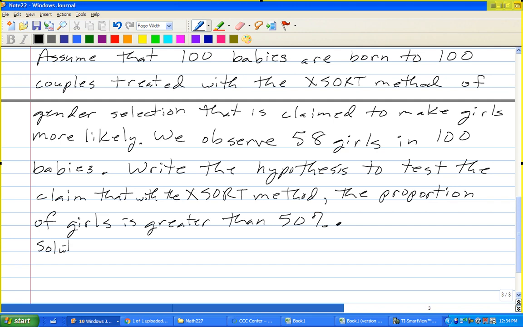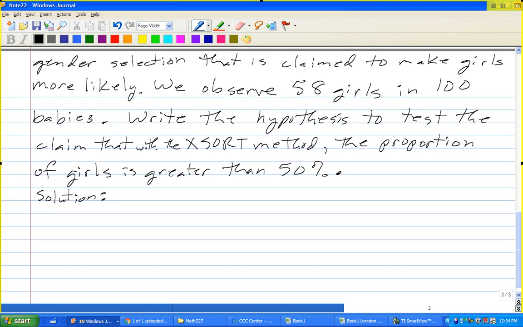Let's do this. So first, recall that a hypothesis test only looks at a population parameter. So let me write down null hypothesis, alternative hypothesis, and alpha. Okay.